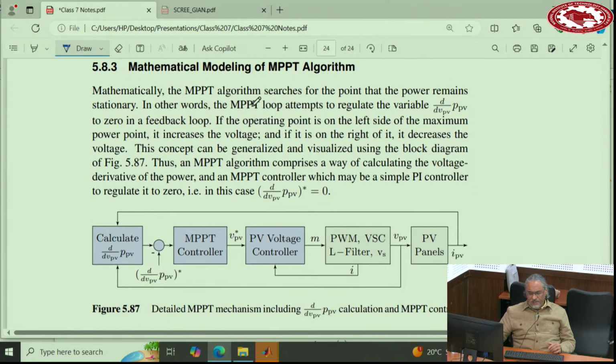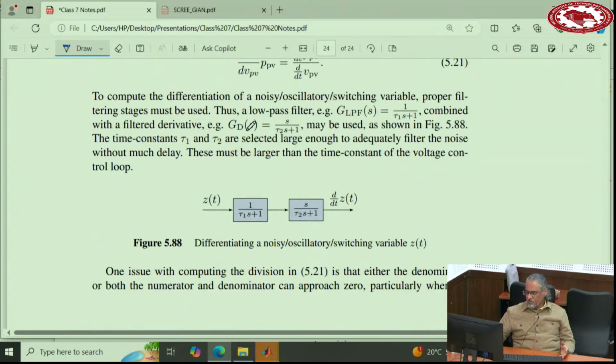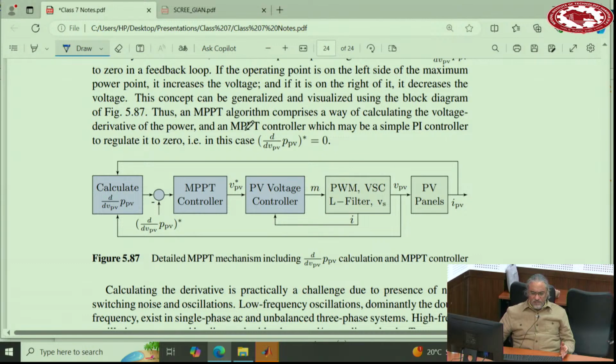So mathematically, if you see what we are doing here, and I wanted to mention this also, I think it's good. Mathematically, what we are doing, we are taking derivative of power with respect to voltage, right? And then pushing that to 0. So if you can somehow calculate derivative of power with respect to voltage, not with respect to time, with respect to voltage.